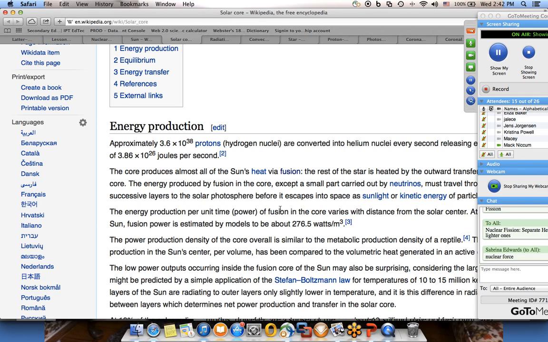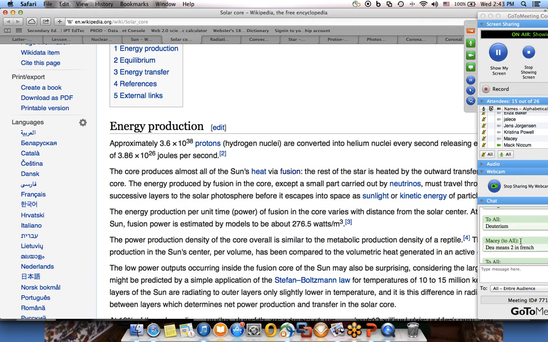So this is the amount of energy, of joules, that is produced every second in the sun. Each one of the reactions is not that big, but as you put them all together, it is really, really big.